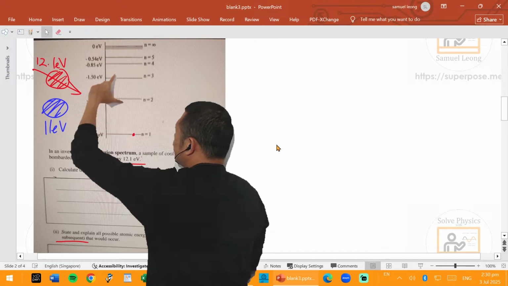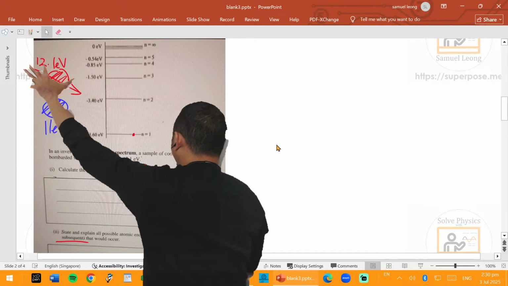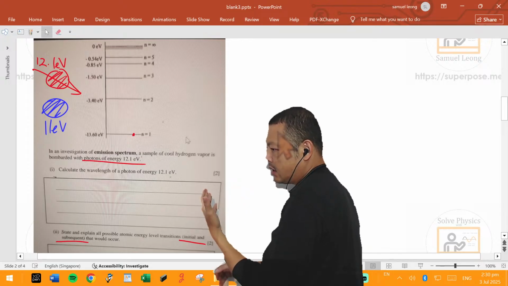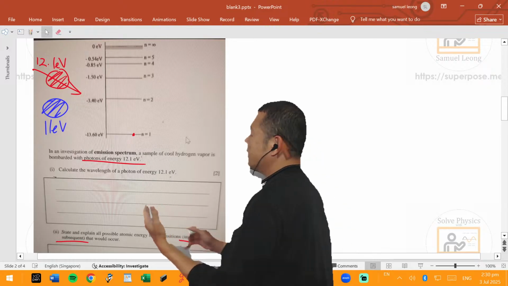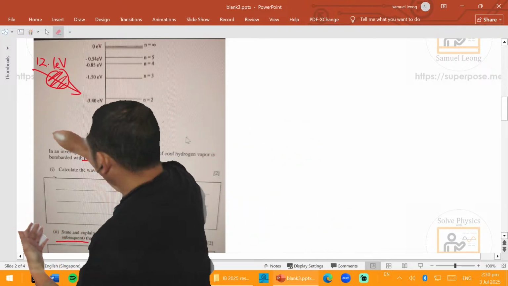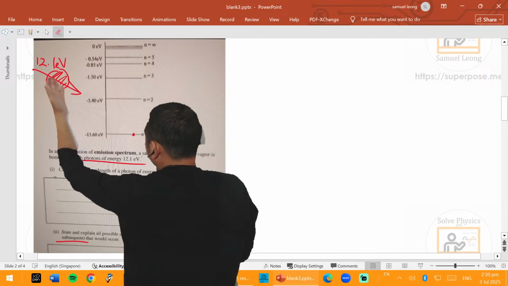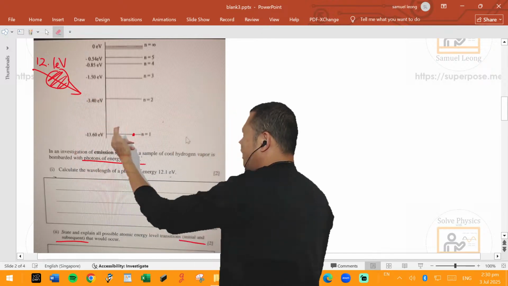If it doesn't match the transition, it will not be absorbed. The rest of the photons will just pass straight through. Do you remember that? That was a whole lesson in E1. So my question to you is, can you figure out whether this 12.1 can be absorbed by the electron in the ground state?